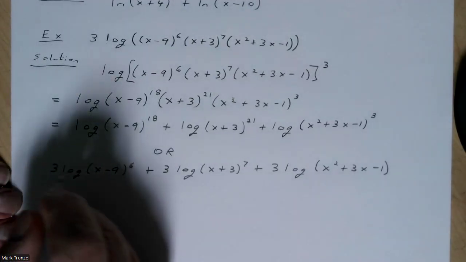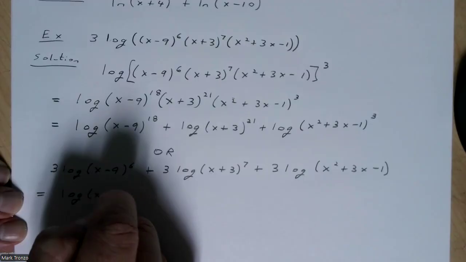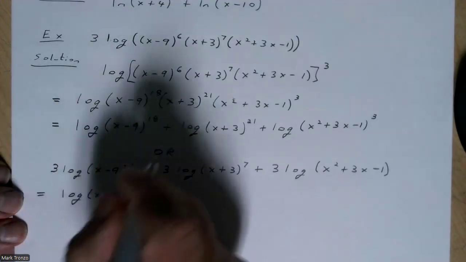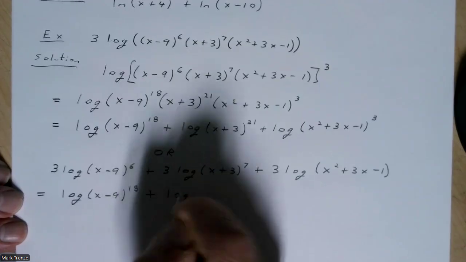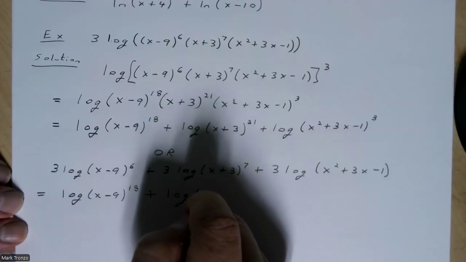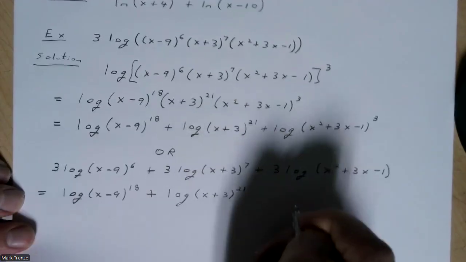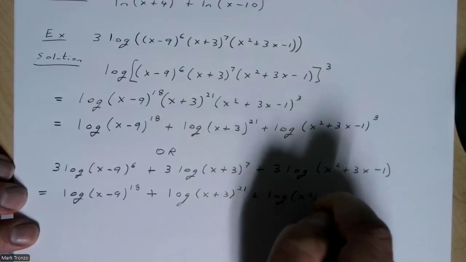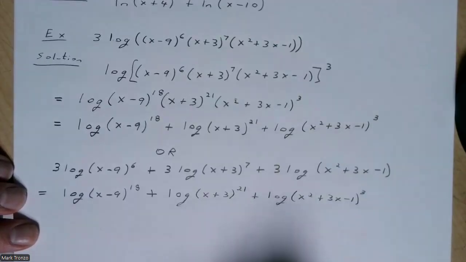And then we could have brought the 3 back. So this would be 3 log of x minus 9, and we bring this 3 up here, that becomes 18, plus log of x plus 3 to the 21, plus log of x squared, like this.